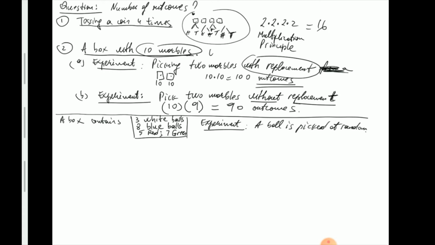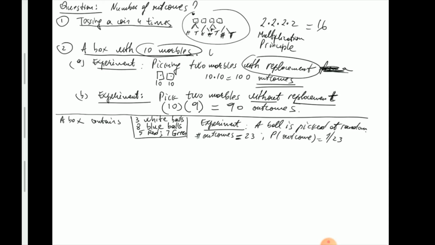And here are a couple of questions. By the way, in terms of the number of outcomes, well, let's see, it's 3 plus 8, 11, plus 12, that's 23 outcomes. So if each outcome is equally likely, okay, so you pick a ball at random, each of them is equally likely to be picked, the probability of each outcome is 1 over 23, right?